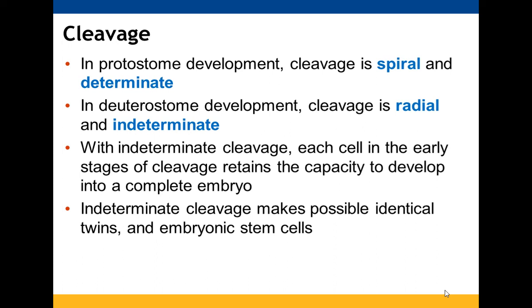And that is why we can have identical twins in some animal species. And that is part of the reason why embryonic stem cells are often looked at as something to study, to be able to examine how things are being manipulated.